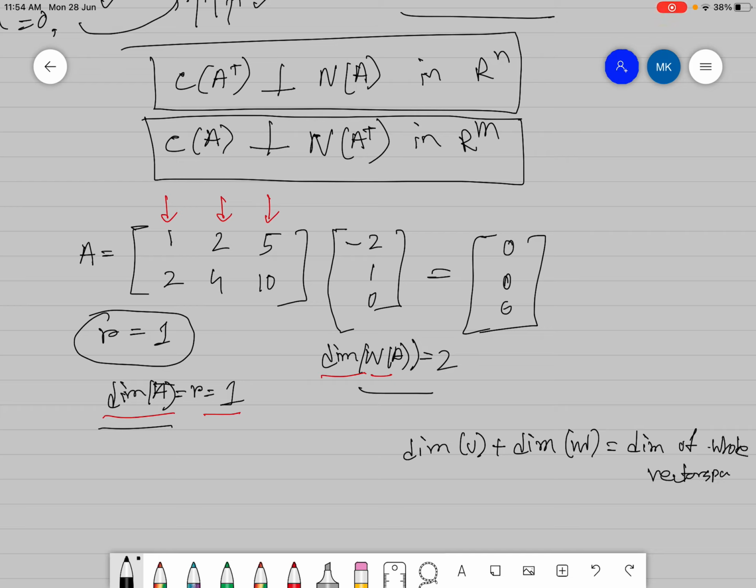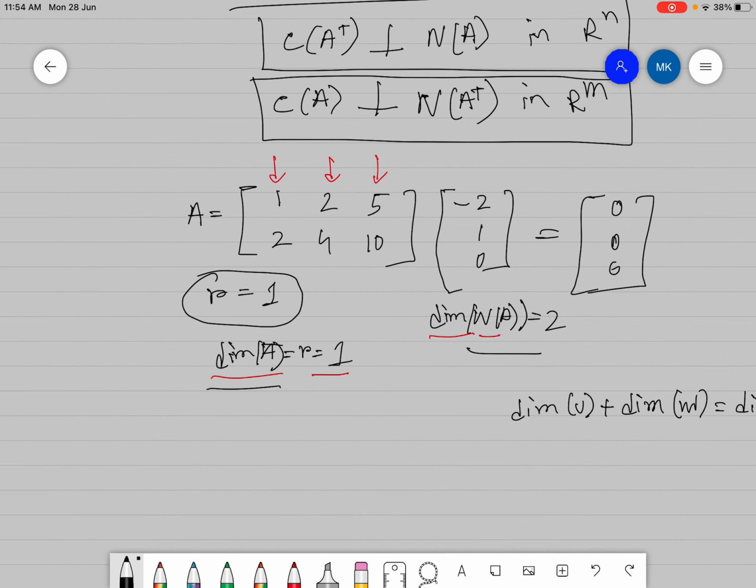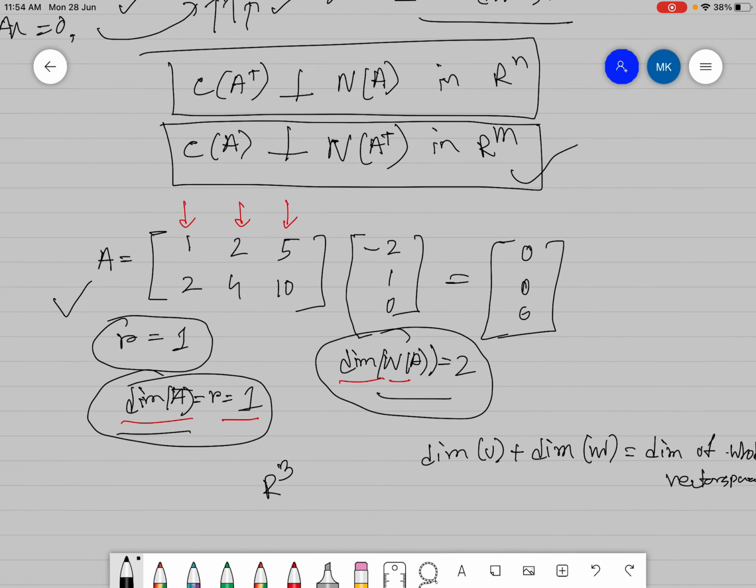So as you can see in this example, the dimension of this part, which means the matrix itself, and the dimension of the null space complement to the dimension of the whole vector space, which in this case is R3, and they work in R3.